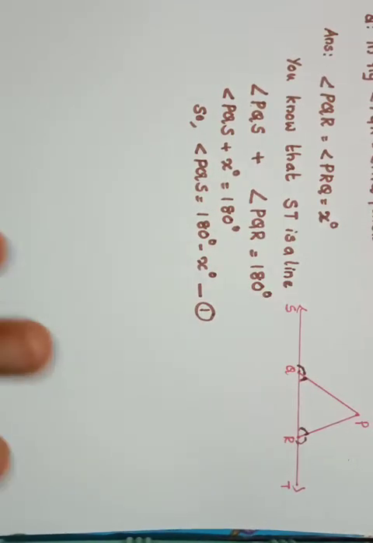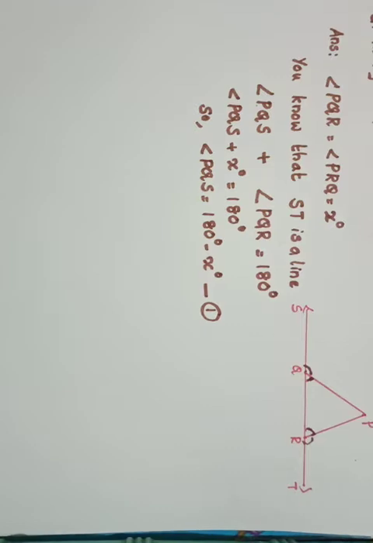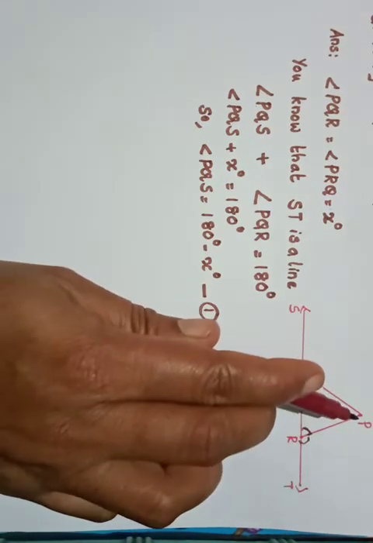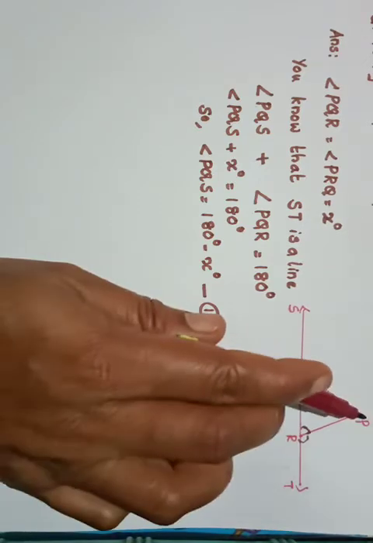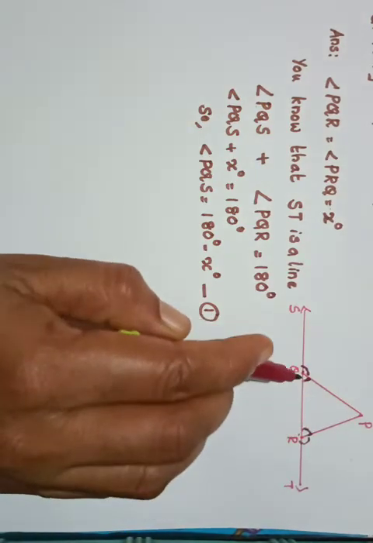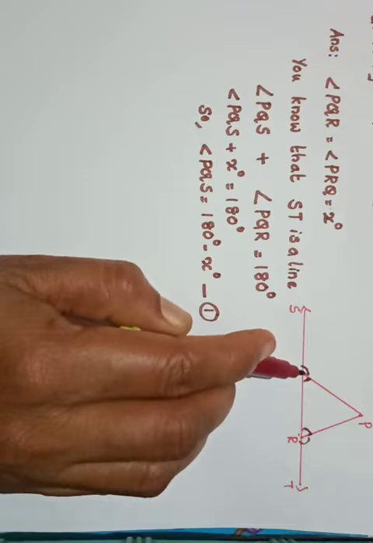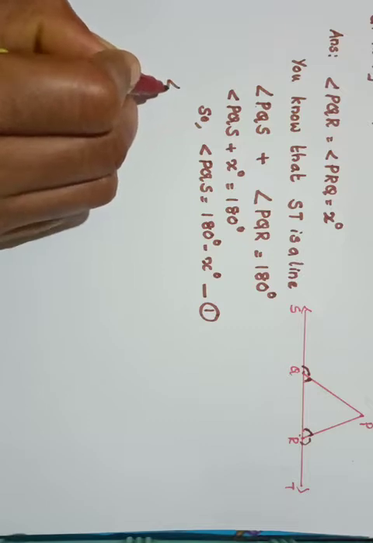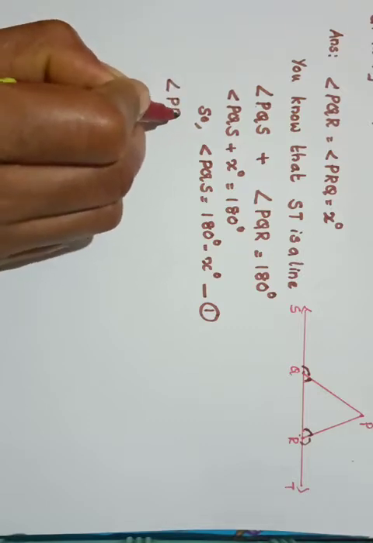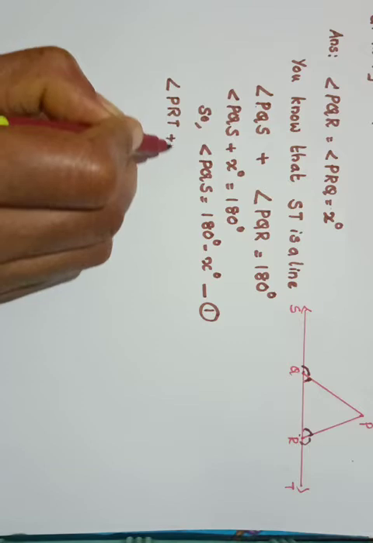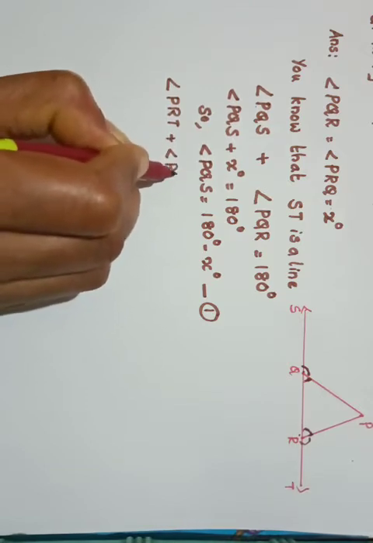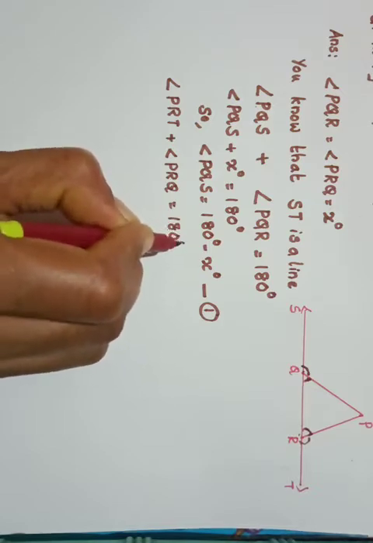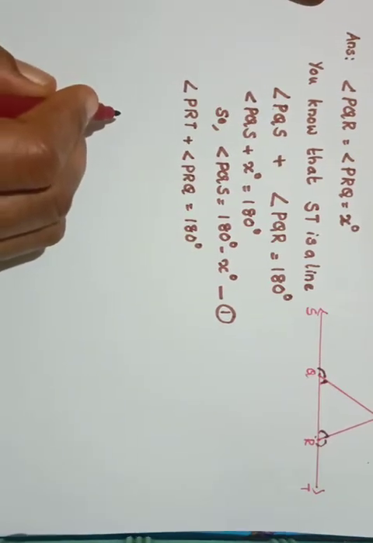Okay, now we will consider the next part, that is angle PRT and angle PRQ. PRT and PRQ is also a linear pair. So we can write angle PRT plus angle PRQ is equal to 180 degree because they are a linear pair.